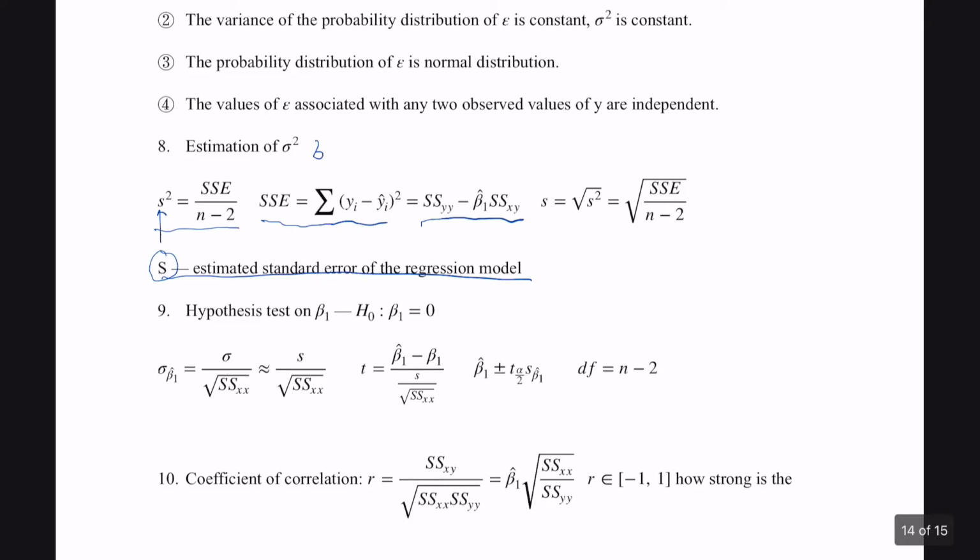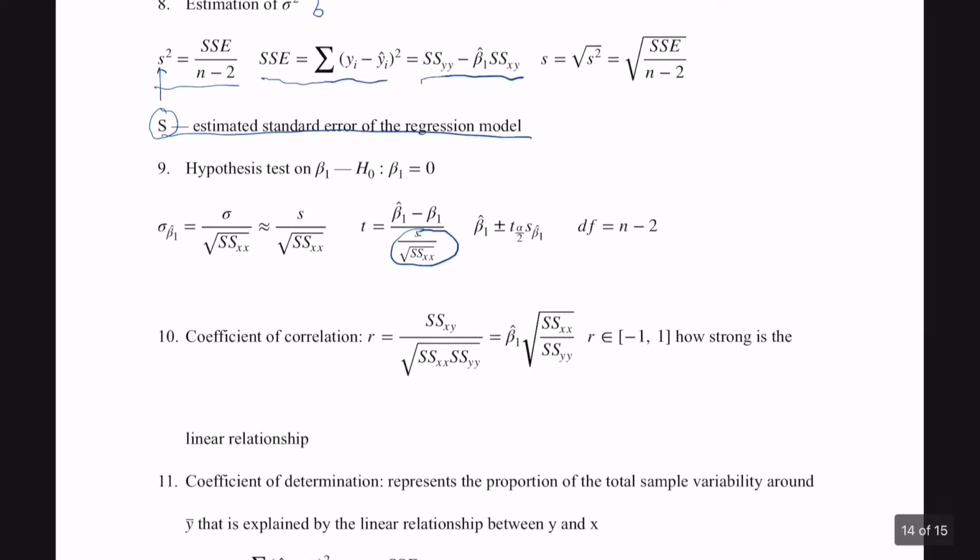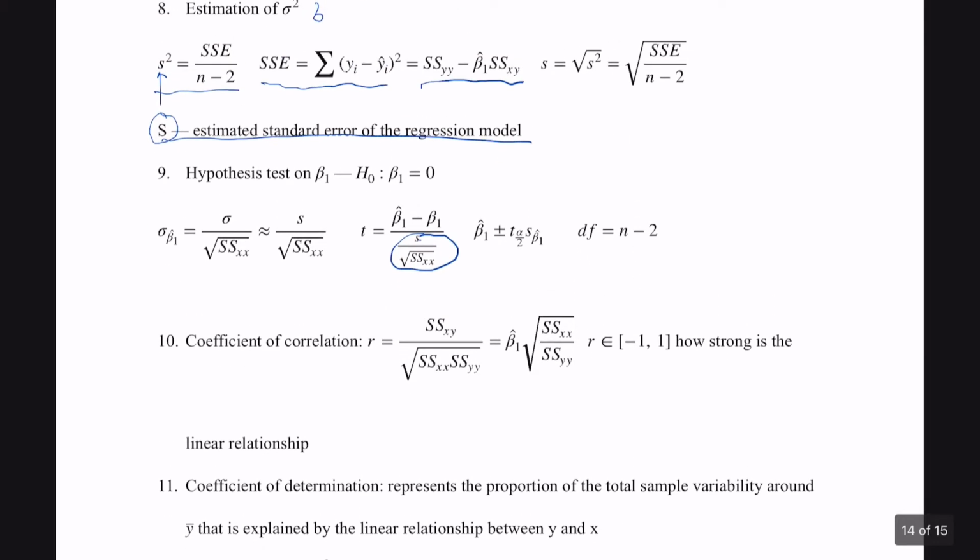For example, you can see it directly here. If you are doing a hypothesis test on beta 1, you need to adjust this according to this formula, right? And you may also need to adjust it in a different way in the following part.